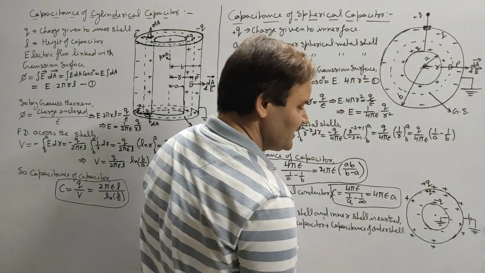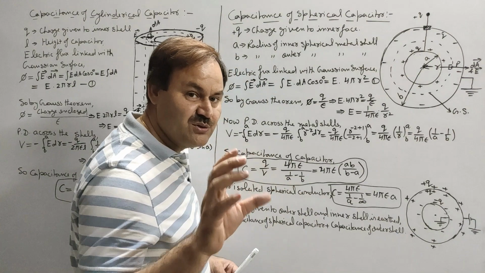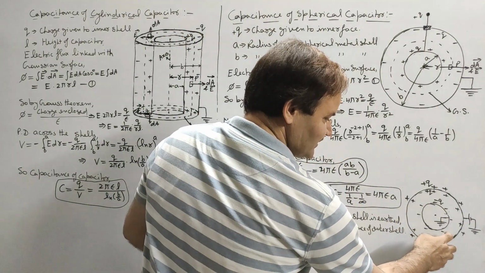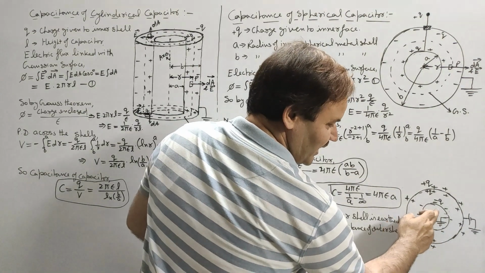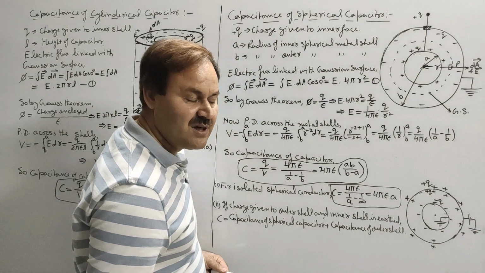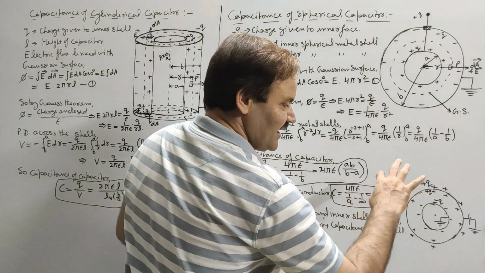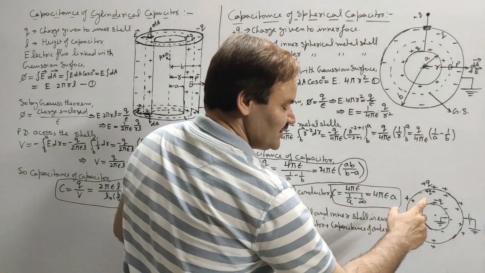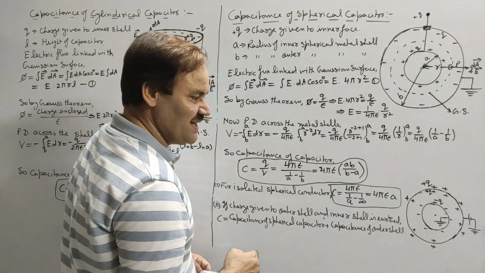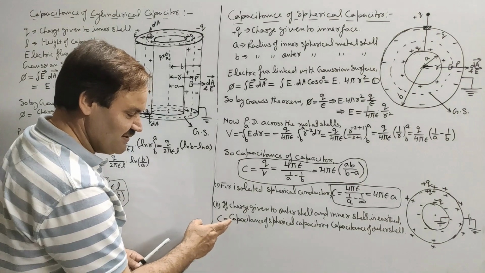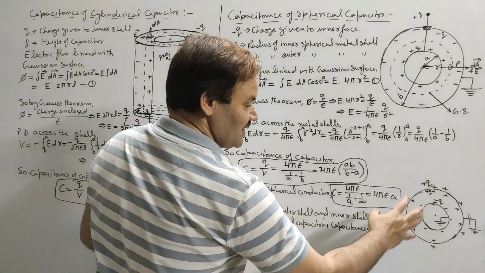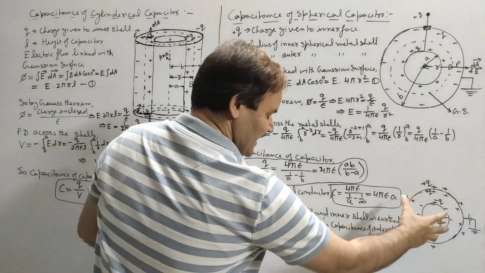So this arrangement can be assumed to be the combination of a spherical capacitor formed between outer face of inner shell and inner face of outer shell, and a spherical conductor formed due to the outer face of outer shell. So its capacitance will be capacitance of spherical capacitor plus capacitance of outer shell.